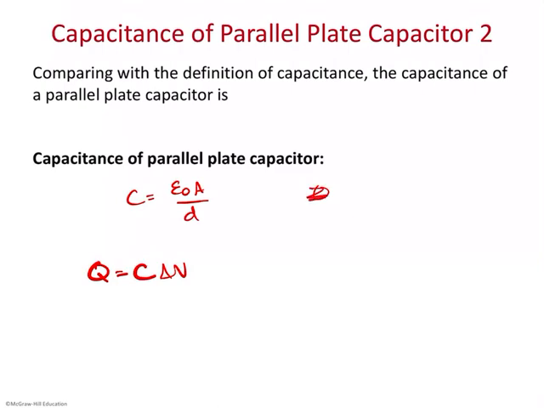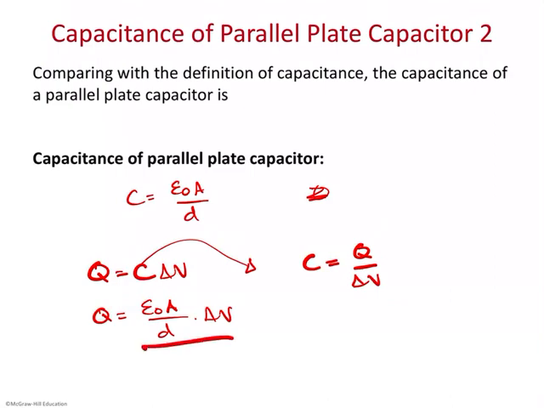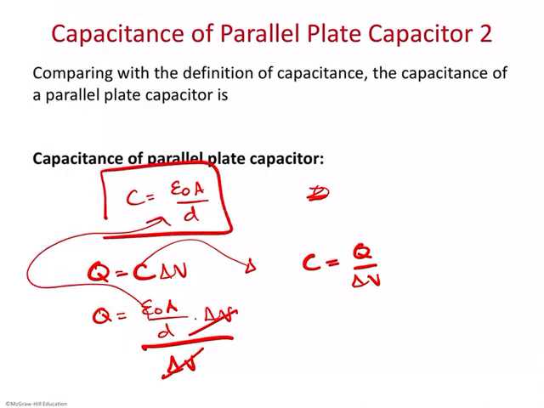On the very previous slide, we said that charge was equal to permittivity times area divided by distance times the change of voltage. If we're solving for capacitance, capacitance is charge divided by voltage. So if I divide this by voltage, that cancels, and I'm left with just that.